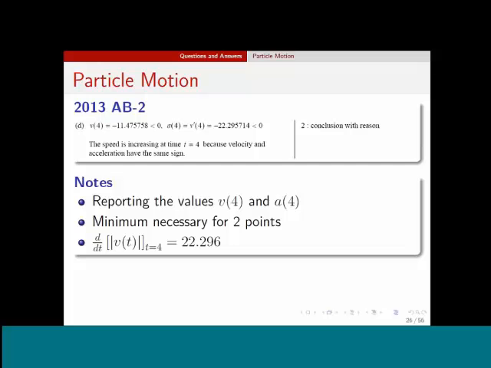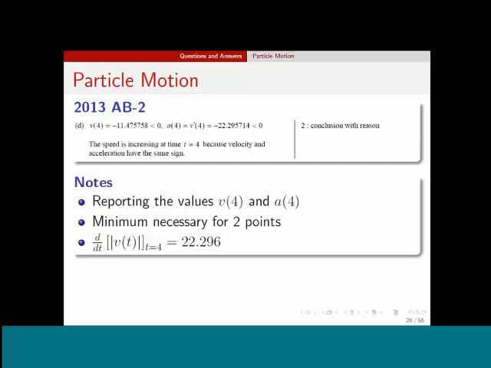Therefore, the speed is increasing at time t equals 4. Done. We'd certainly like to see more, and usually that minimal response is very contingent upon seeing it on the paper, seeing exactly what it looks like. We would encourage students to write out a little bit more, but there is this line in the sand, and I want you to know that.